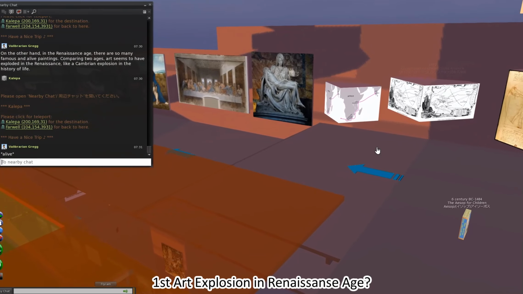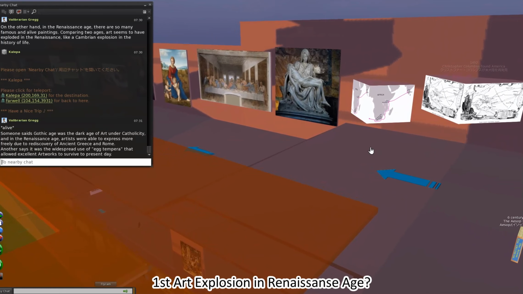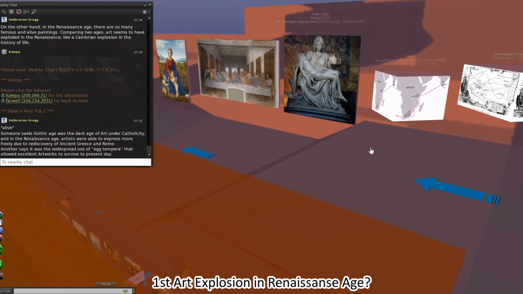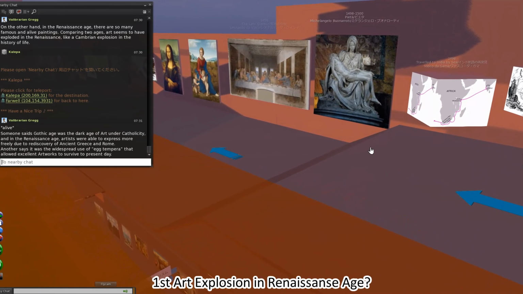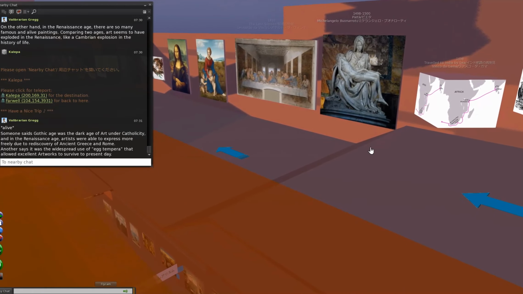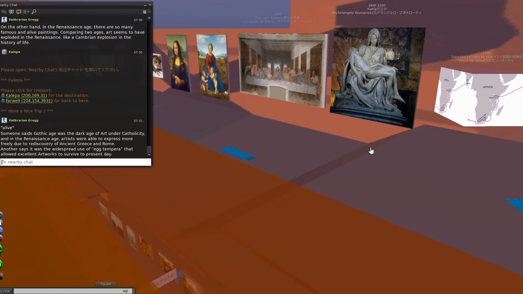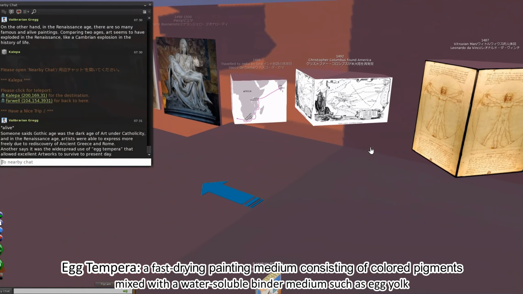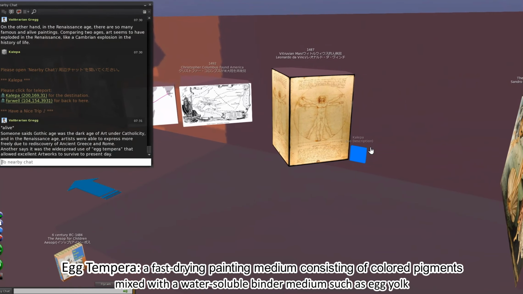Someone said the Gothic age was the dark middle age of art under Catholicity, and in the Renaissance age, artists were able to express more freely due to the rediscovery of ancient Greece and Rome. But another said it was only due to the widespread use of egg tempera. Tempera allows excellent artworks to survive to the present day.